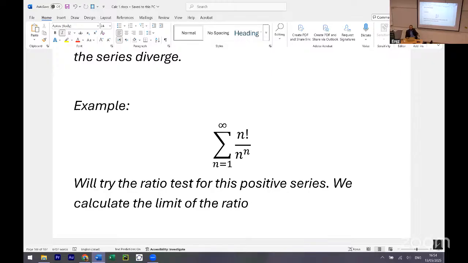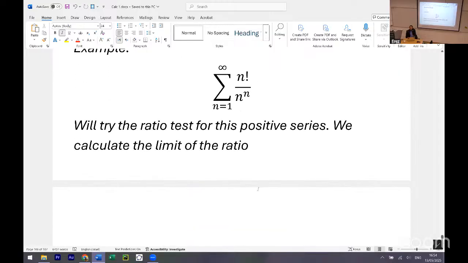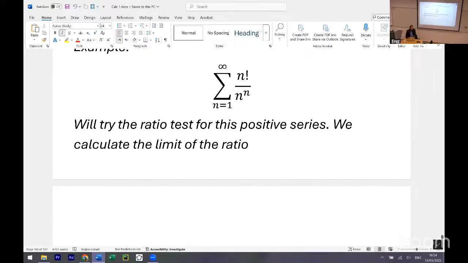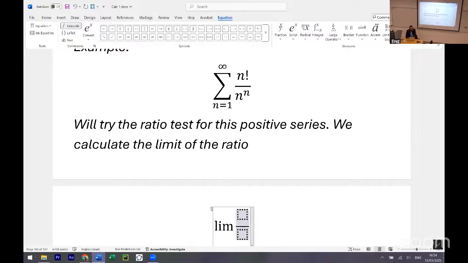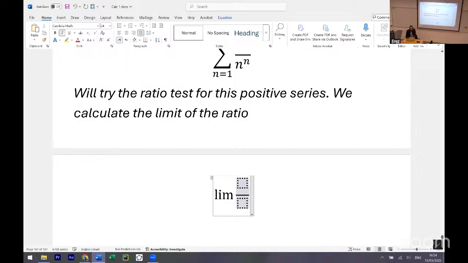Most sequences of series are decreasing. Doesn't mean that they are decreasing fast enough. That's why we must calculate the limit of the ratio.